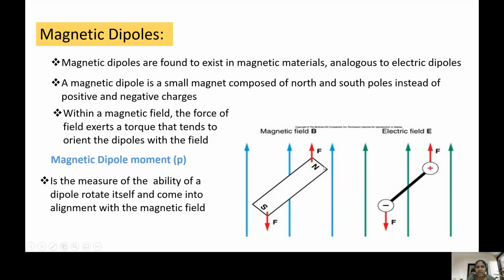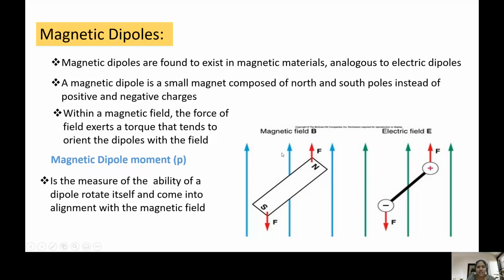That torque tries to align the magnet in the direction of the field. The measure of the ability of a dipole to rotate itself and come into alignment with the magnetic field is said to be the magnetic dipole moment.